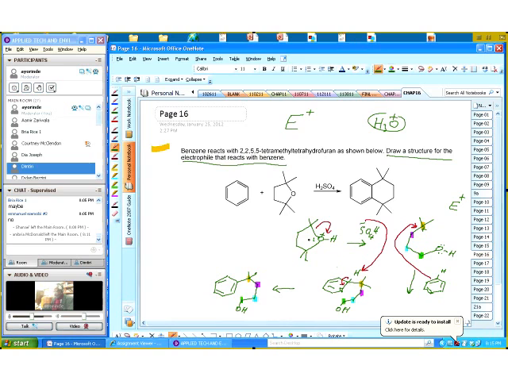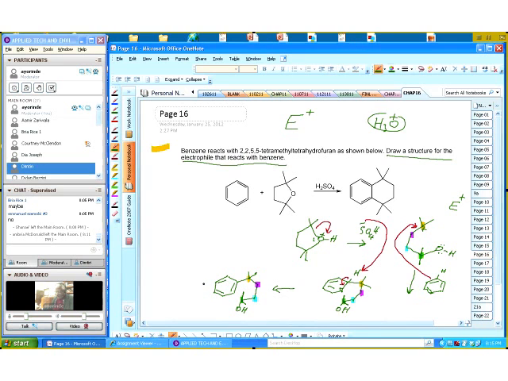Somehow I lost this. This one here will be here. I lost my two methyl groups. Methyl is here, and this methyl is here. Okay, sorry about that.